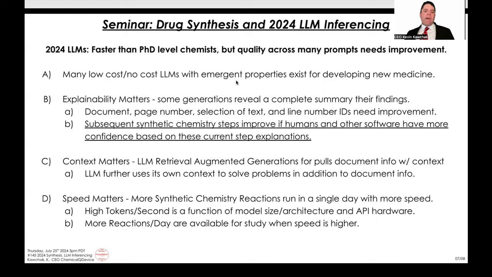And then explainability matters. Some generations reveal a complete summary of their findings, like the first example I gave. And then the document, page number, selection of text, and line numbers need improvement. More so with ChatGPT 4o than my RAG setup with Llama 3.1, this huge 405 billion parameter model.